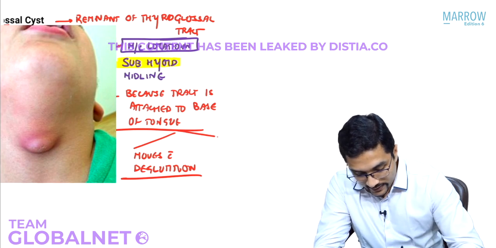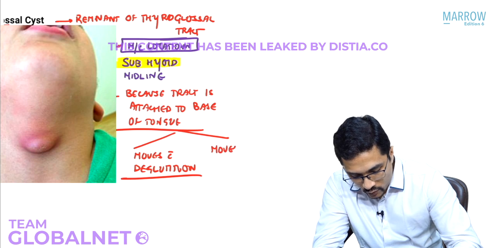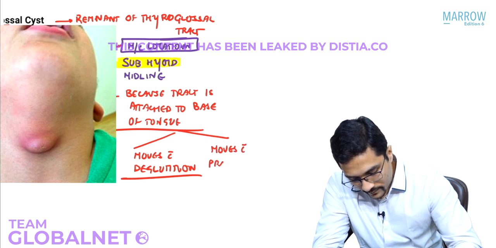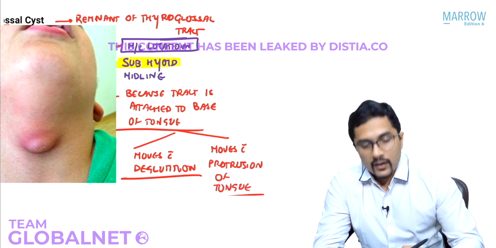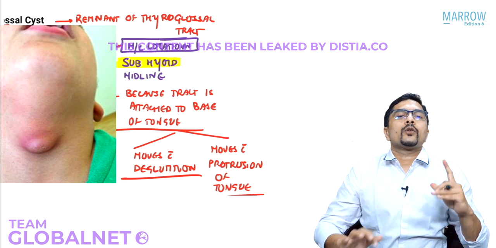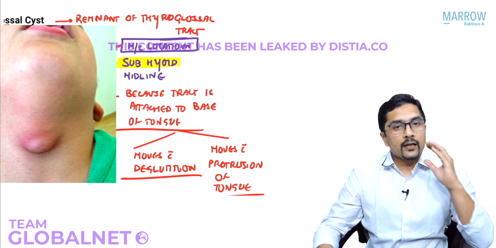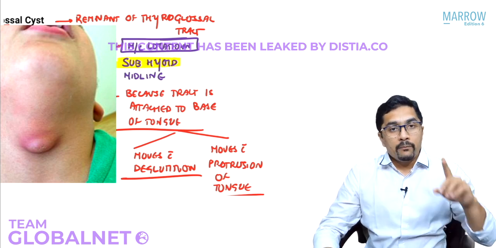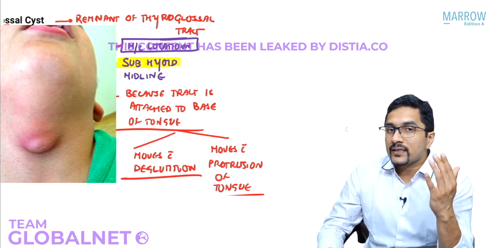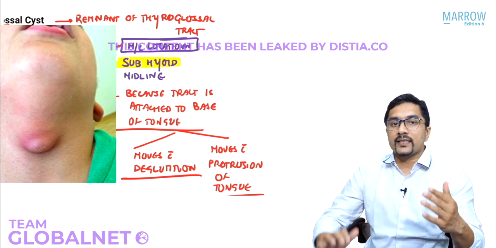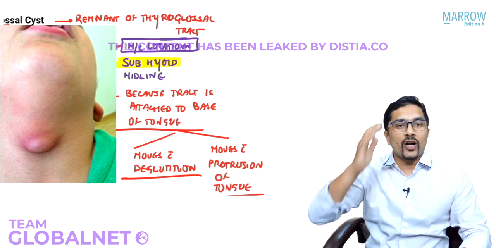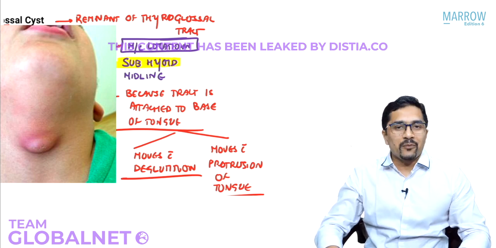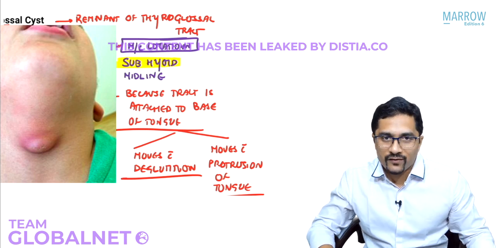The special thing is it moves with protrusion of tongue as well. If you ask the patient to protrude his or her tongue, the swelling will also move. But make sure that when you're eliciting this sign, you support the head of the patient. The patient should not be moving his or her head up and down like this. That would give you false findings.